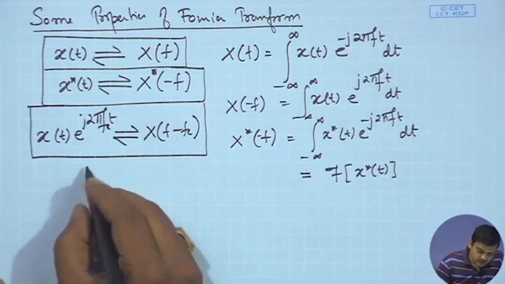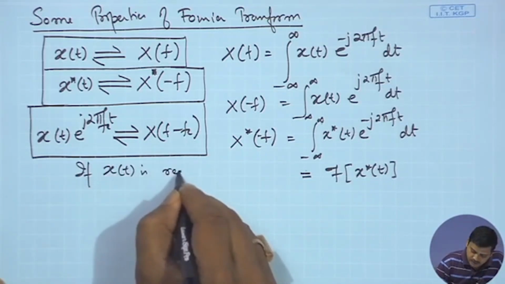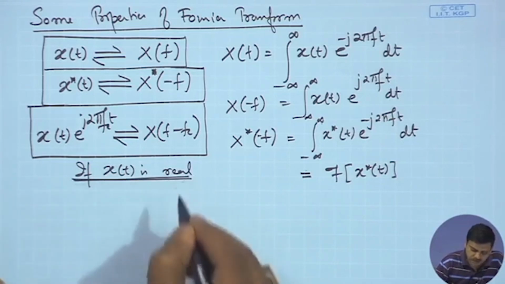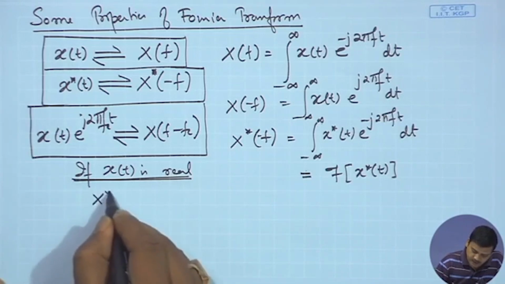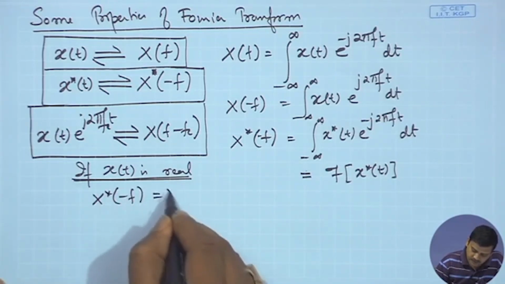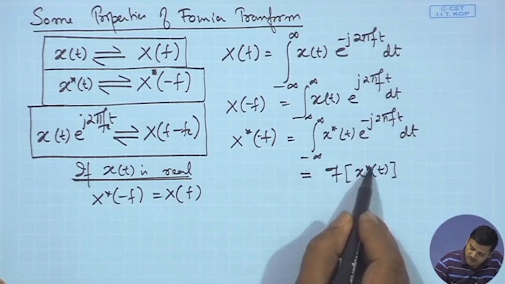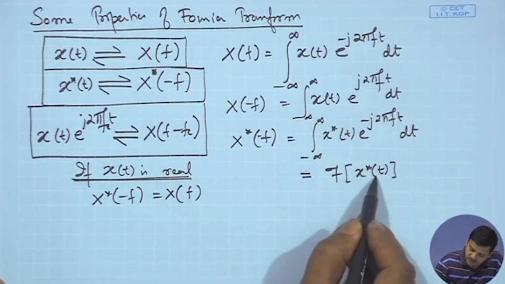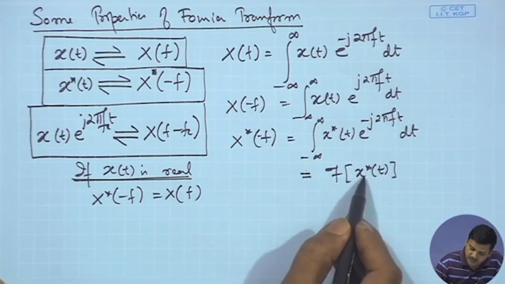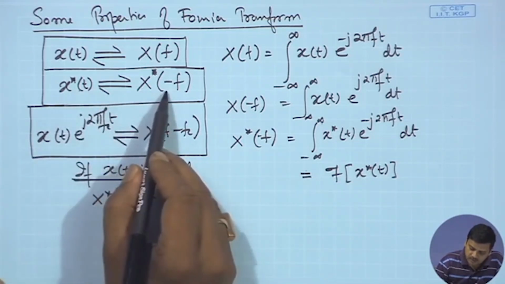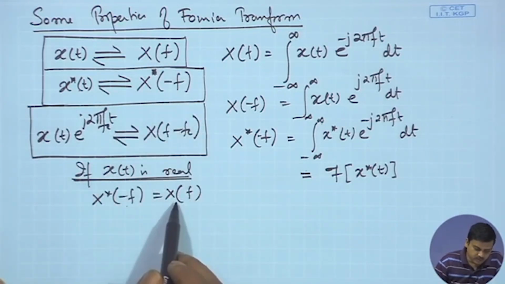Now, what we also need along with this is, if x of t is real, this is an important thing. So, if x of t is real, then we can say that X conjugate of minus f is equal to X of f. Look at this, if it is real, then x conjugate of t is equal to x of t. So, that means x conjugate of t also has the same Fourier transform, so X conjugate of minus f is equal to X of f.